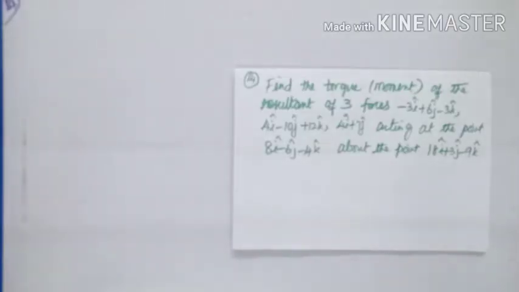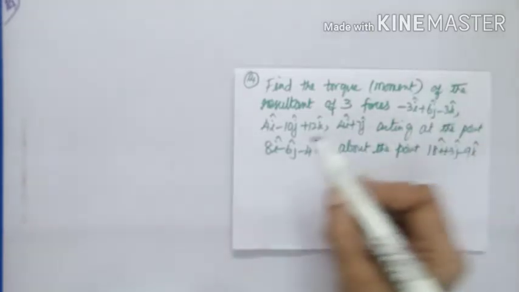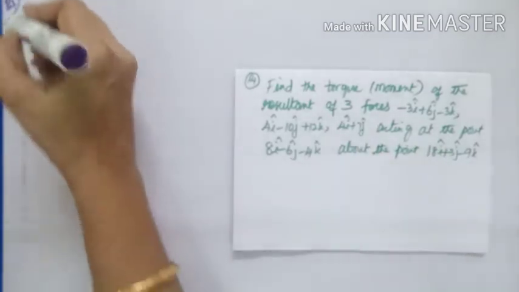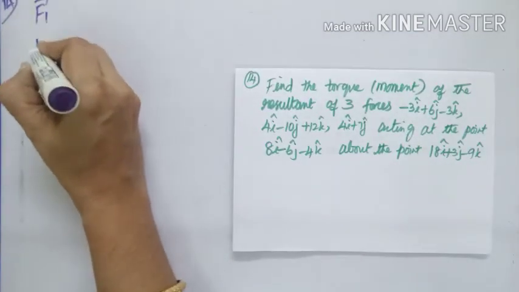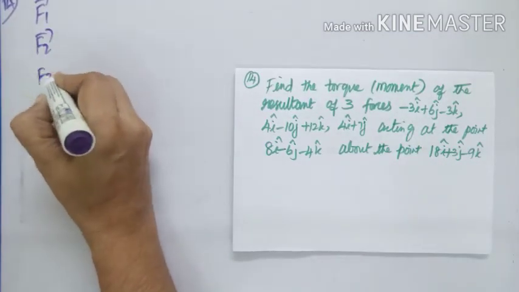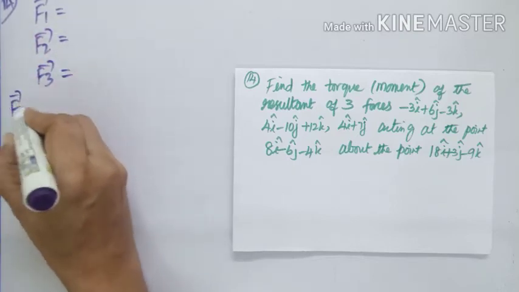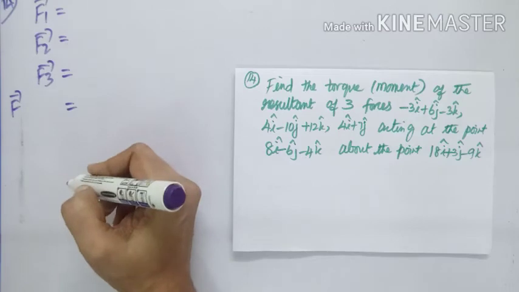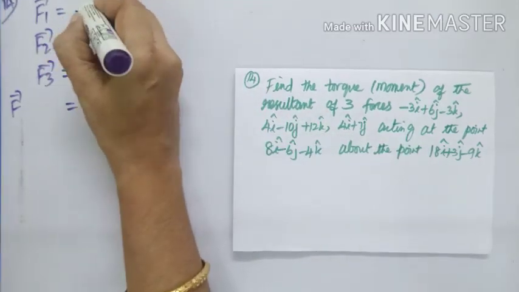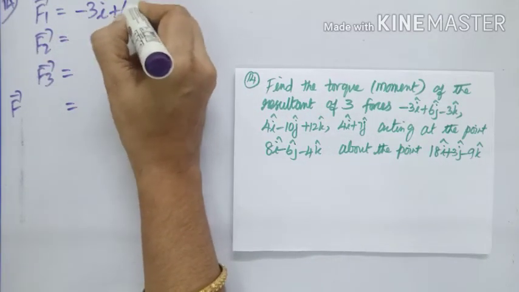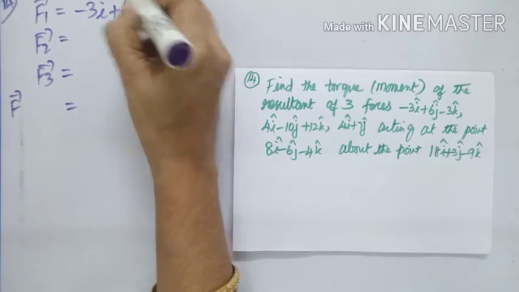Question number 14. Find the torque or moment of the resultant of three forces. How many forces are given? 3. Call them as F1, F2 and F3. The resultant force we call F just by adding it all. The first force is minus 3I plus 6J minus 3K.